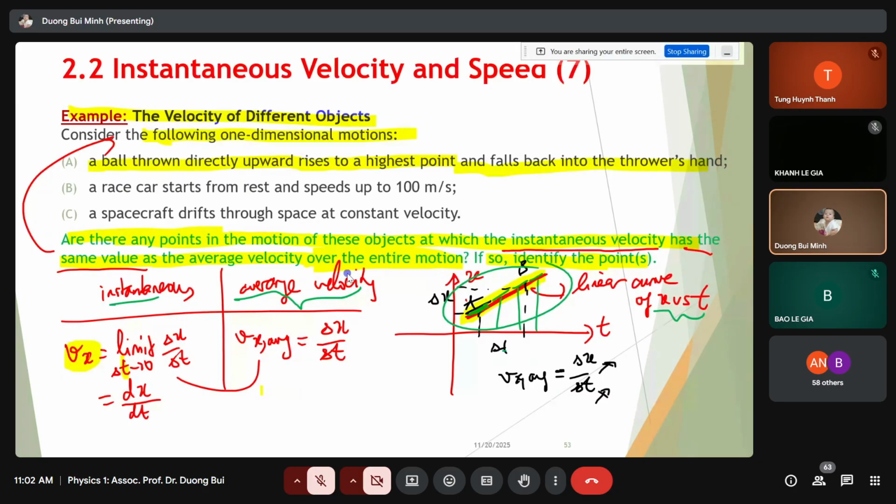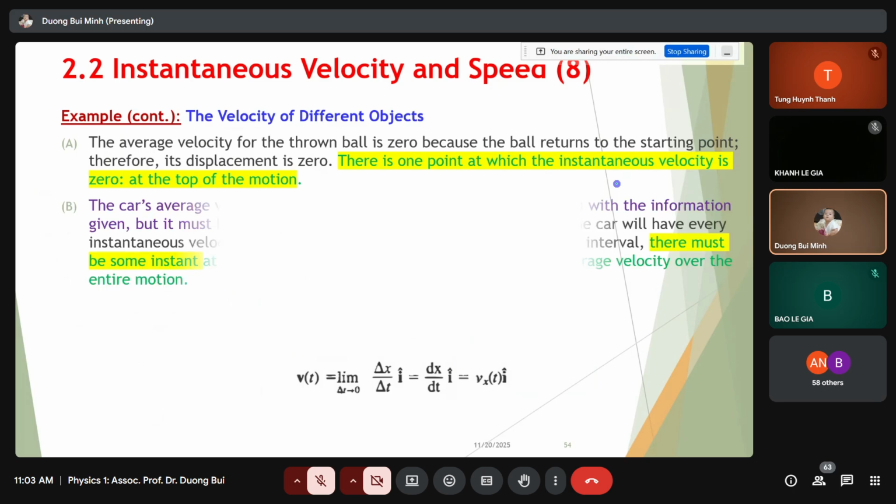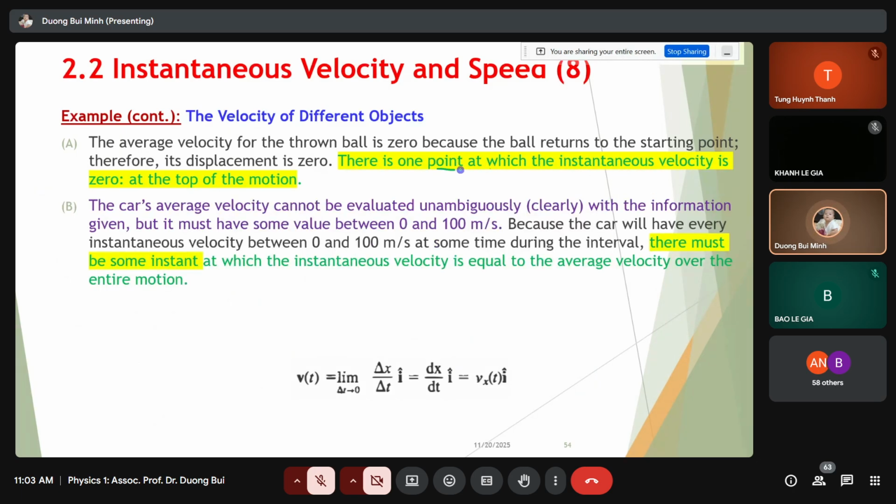If we get this idea, we can check. Now if a ball is thrown directly upward to the highest point, and then falls back into the thrower's hands, there is one point where the instantaneous velocity is zero, at the top of the motion.